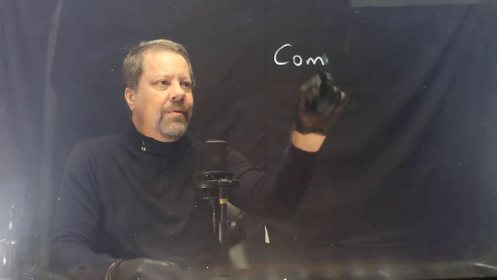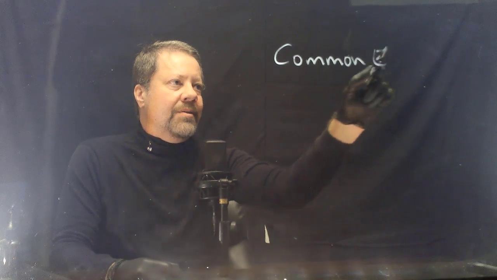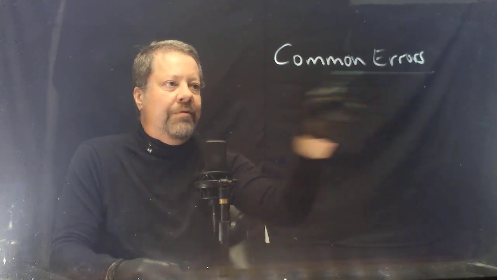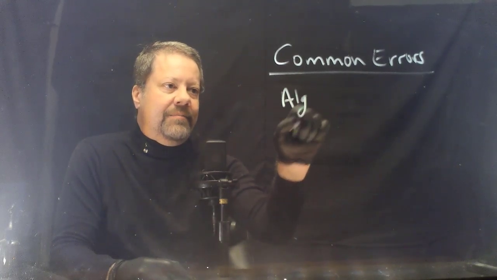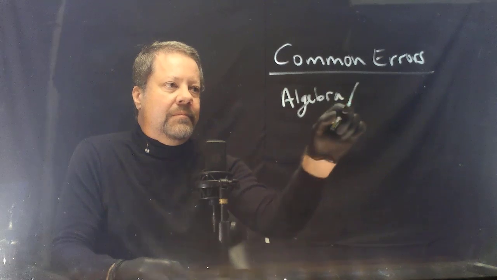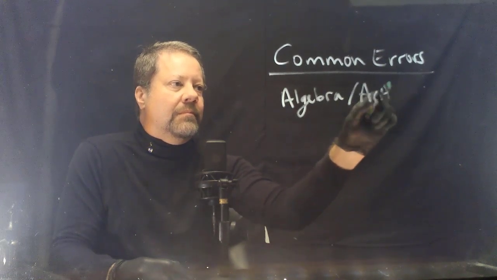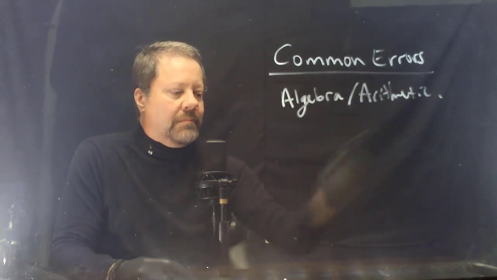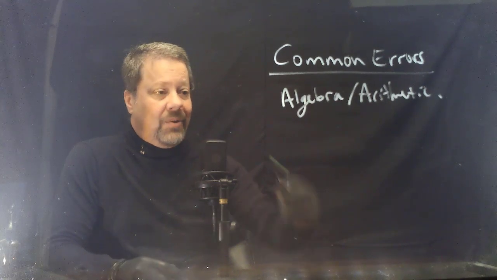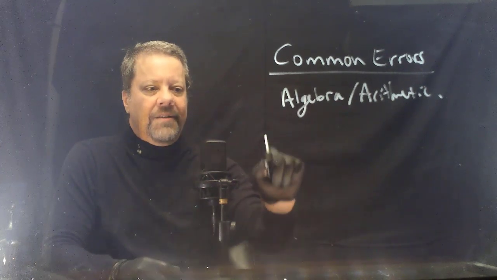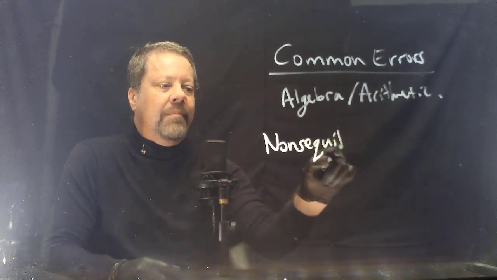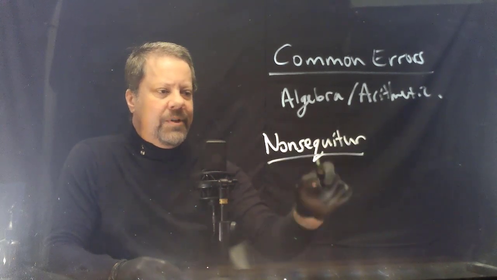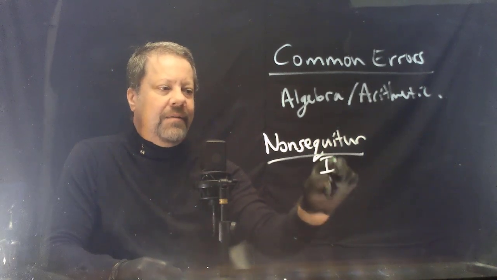What are sources for common errors in proof? Well, the classics are bad algebra or arithmetic. But those are not the only possibilities. Another is something called a non sequitur, which in Latin means it does not follow.